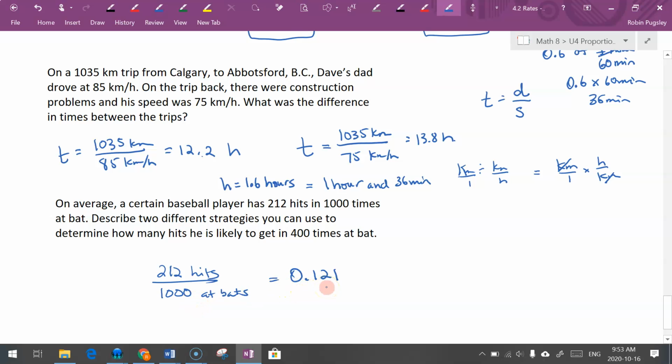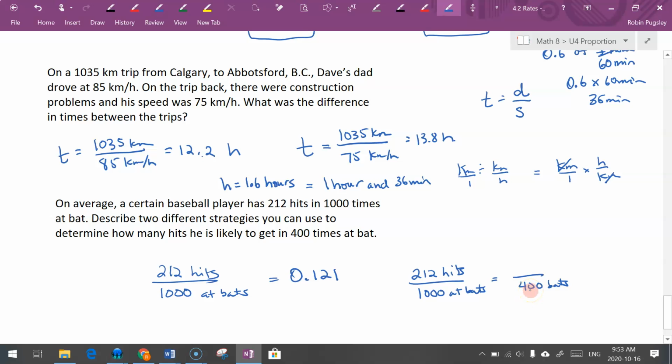Okay? Describe 2 different strategies you can use to determine how many hits he's likely to get in 400 at bats. What could one strategy be? Well, I could take this like we did before and say, well, I know I have 1,000 at bats and I want it to be 400. So we could say, I want to divide by 1,000 to get to 1 and then times by 400.